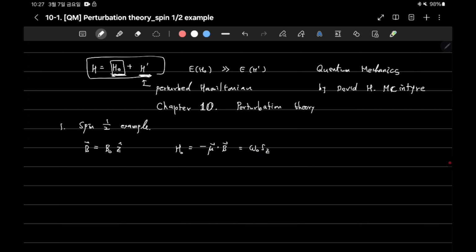It can be written as omega 0 Sz, which is already studied. Omega 0 is the Larmor frequency; in the undergraduate course, especially with the hydrogen atom, we calculate omega 0 as eB0 over me, with the Larmor frequency and the electron mass.